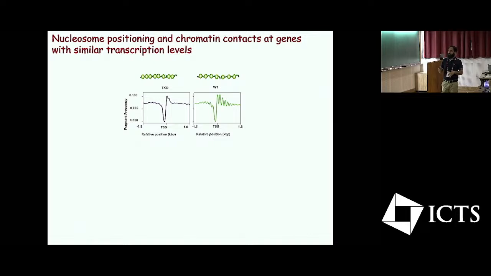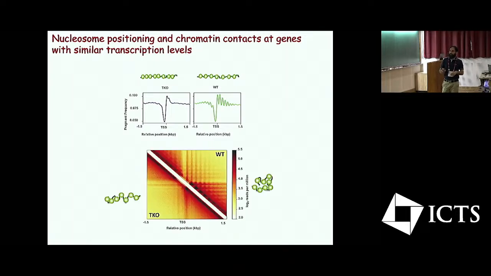Okay, so we can plot the micro-C data contact map at a very high resolution here, the nucleosome level resolution around the TSS. So we see that there's a nice contact pattern in the wild type cells, but we see a very diffused pattern in the case of knockout cells.